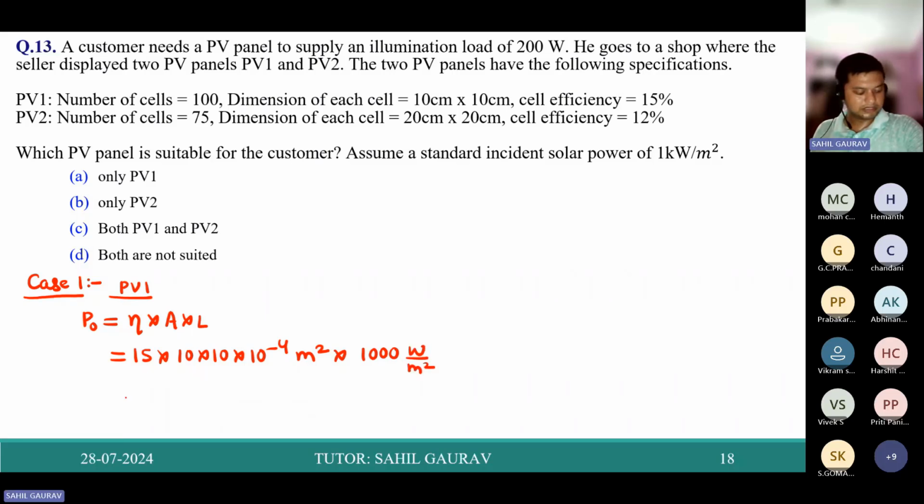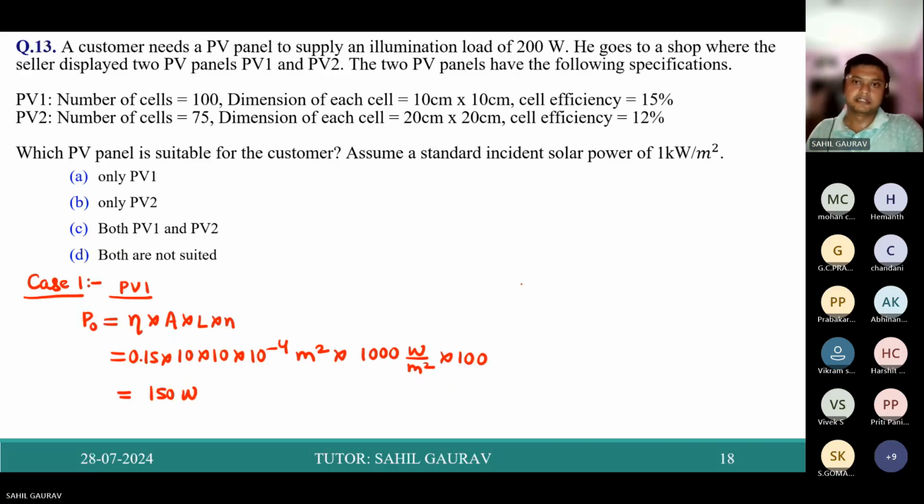So if you do the calculation, here efficiency you have to take as 0.15, and the number of cells you also have to consider. The number of cells in each PV panel, denoted by PV1, is 100. So it will give you the output power as 150 watt.